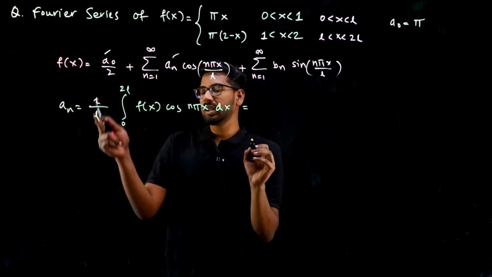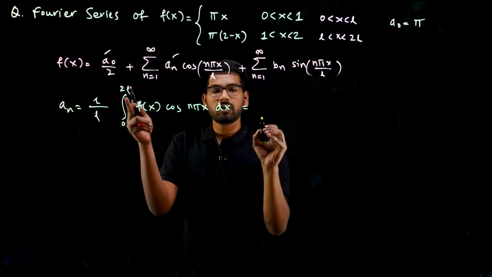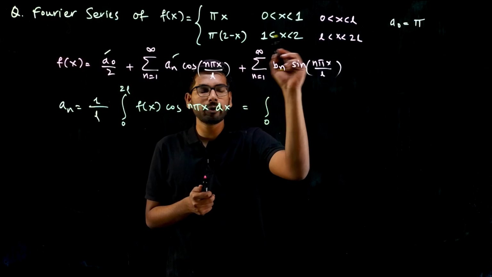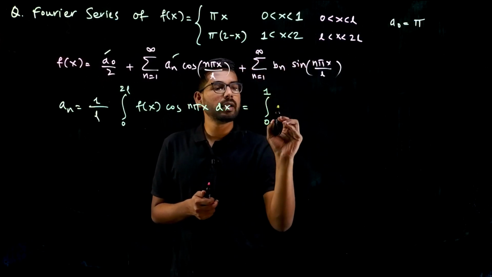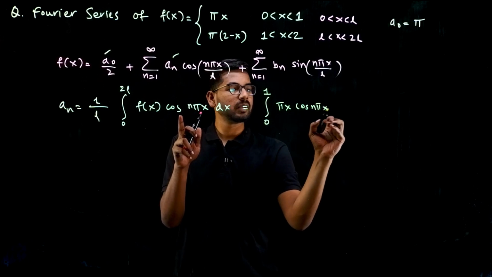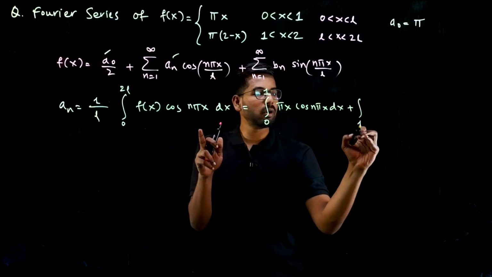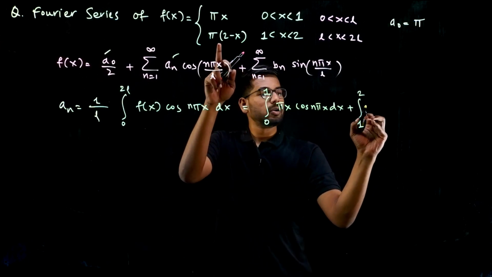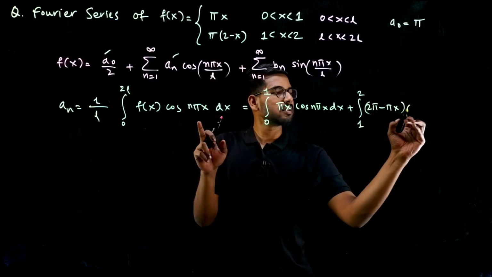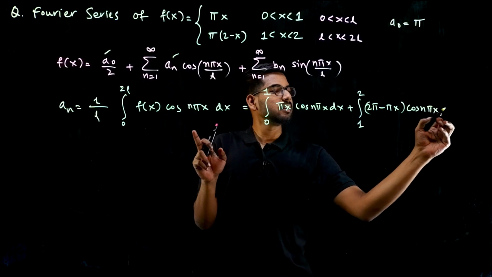This is equal to 1 by L, which is just 1 because L is 1. The integration from 0 to 2L is split into two intervals, 0 to 1 and 1 to 2. So from 0 to 1 we have pi x cos(n pi x) dx, plus from 1 to 2 we have (2 pi minus pi x) into cos(n pi x) dx.